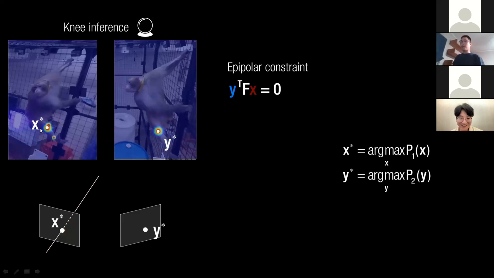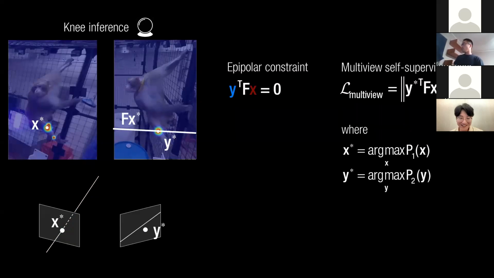I can find the peak location from the maximum likelihood in this first image, that is X star, and Y star is the peak location in the other image. This operation is nothing but an argmax operation, right? And then we can plot this peak location against the epipolar constraint, and we can form this multi-view loss for the neural network.